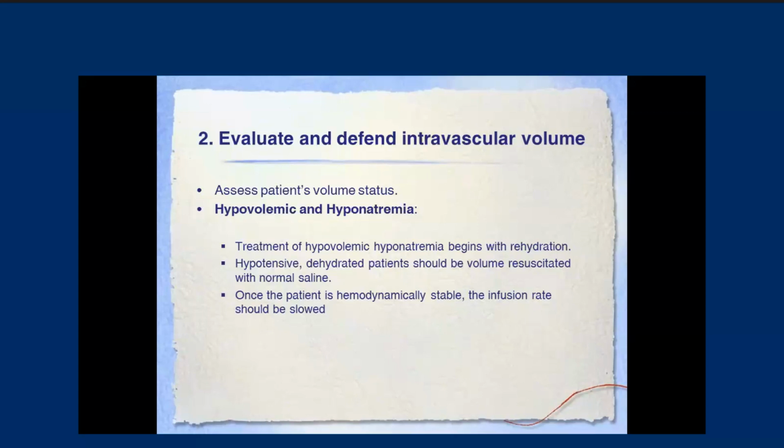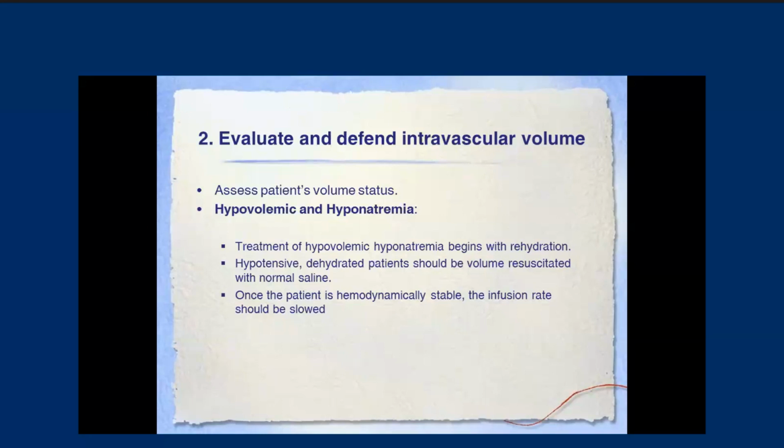When we administer normal saline, because normal saline has around 153 milliequivalents of sodium, which is higher than the hypotonic serum, that will increase the serum sodium level.